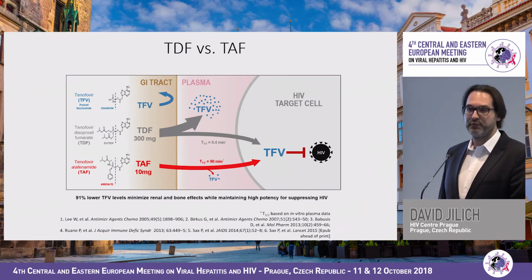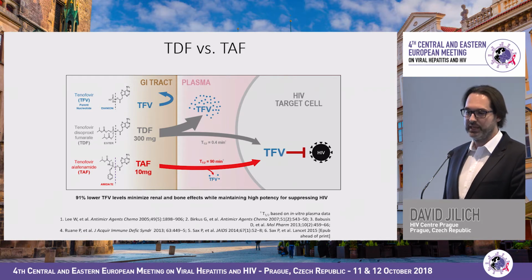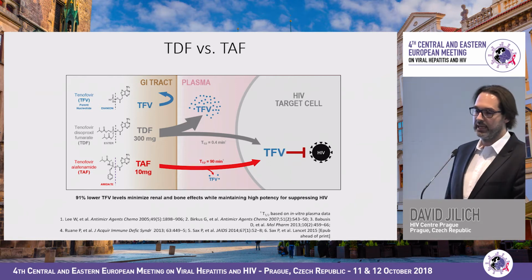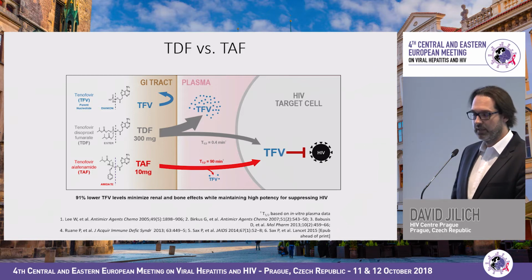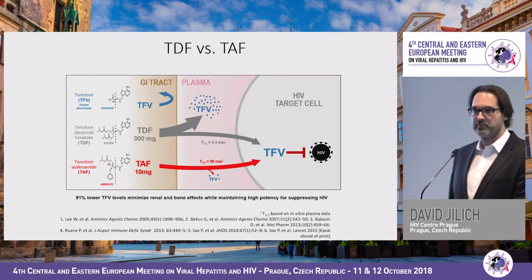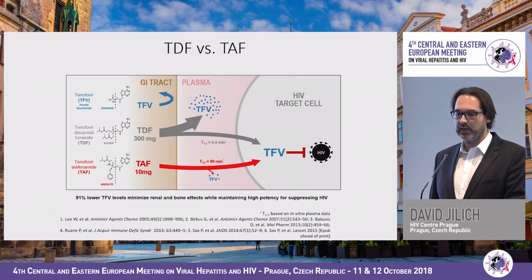It's caused by the fact that a large proportion of the tenofovir taken by the patient as a daily dose remains as a free form in the extracellular, the plasmatic compartment, and only a minority goes into the target cell. And that free part can cause toxic lesions of the tubular part of the renal system.